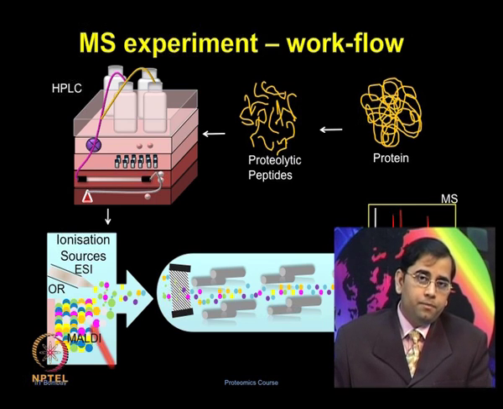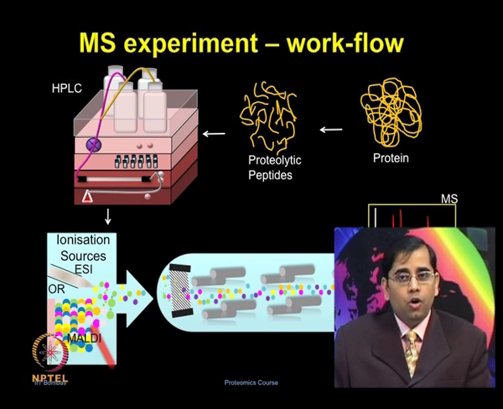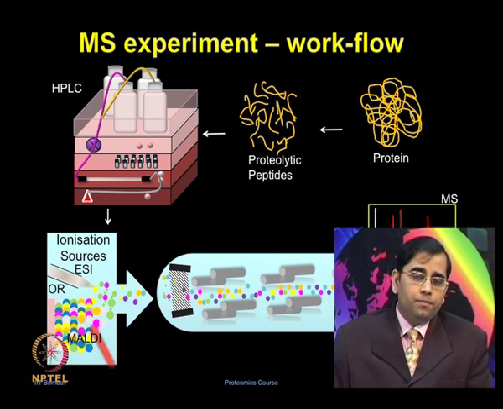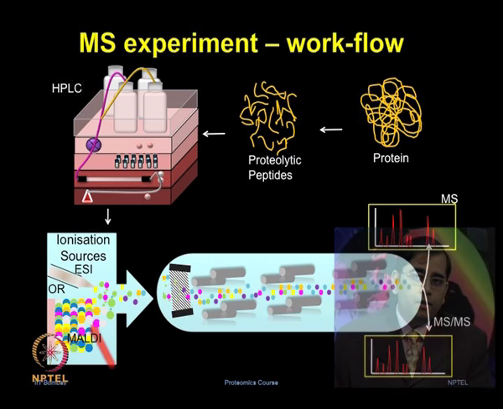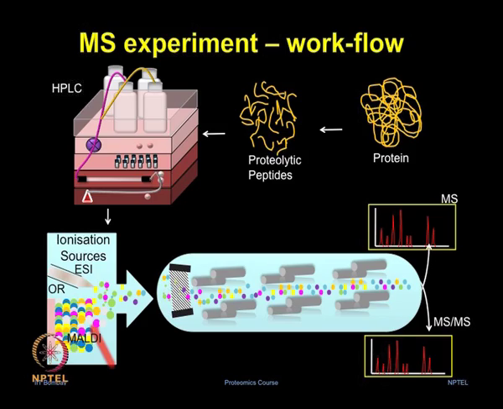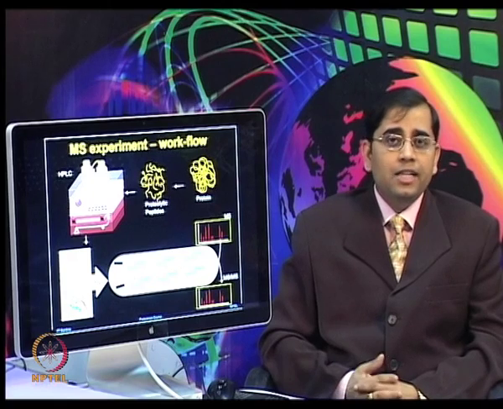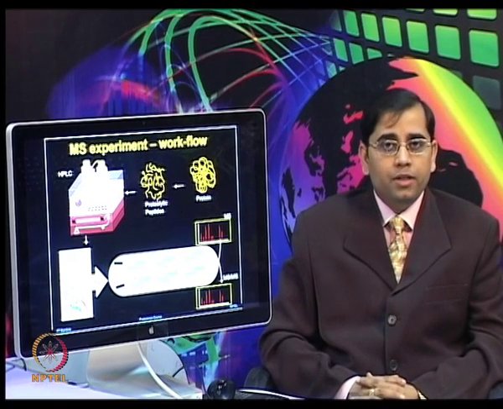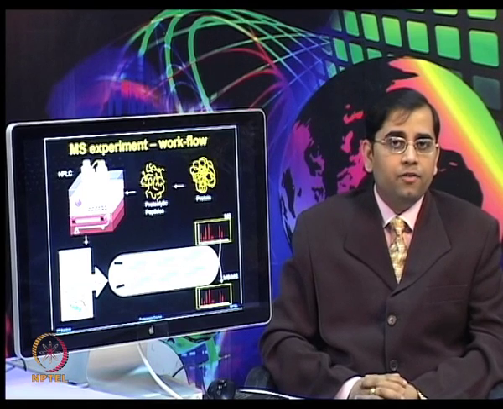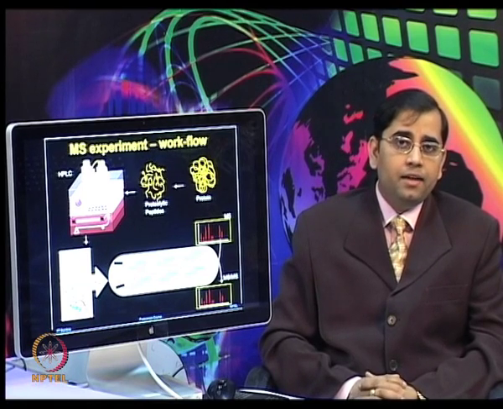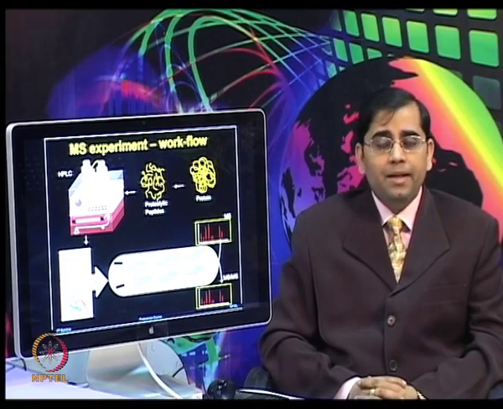After pre-fractionation, in-gel digestion or proteolytic cleavage can be performed by using various enzymes such as trypsin, and then the sample can be injected into the ionization source, whether it can be ESI or MALDI, most commonly used for proteomics, as well as other types of ionization sources, and then these ions can be further resolved in the mass analyzers. Again, there are various types of mass analyzers, and then data can be analyzed in MS or MS-MS mode.